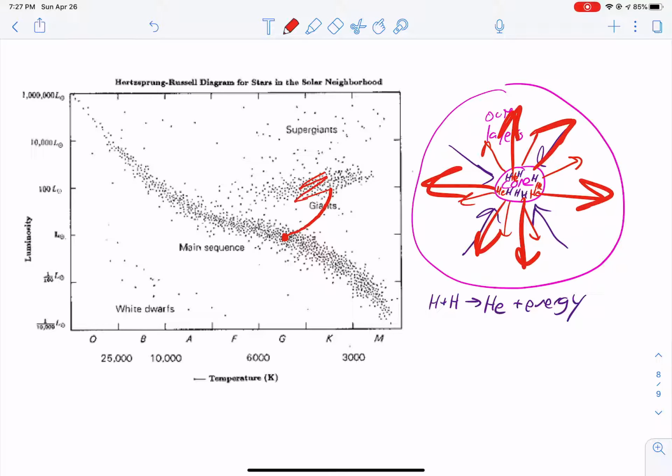At that point, the star is going to start collapsing.